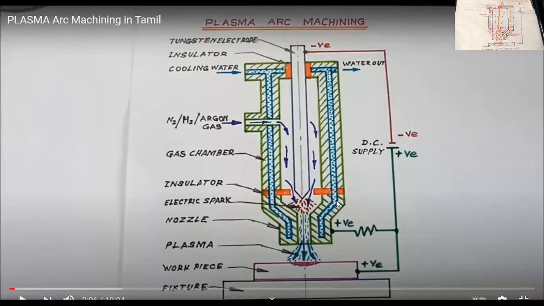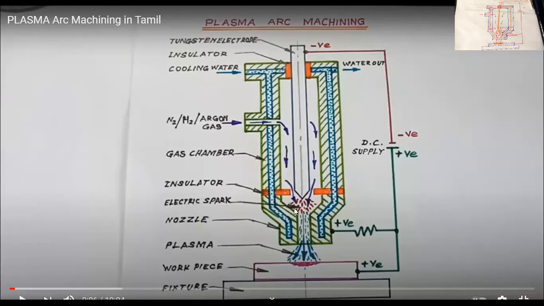So what will happen in general? These electrons will start moving in this direction, or the electrons will get attracted, and you know about cold emission, which I have already discussed before, and that will take place. So electrons will start moving in this direction, and these diatomic gases are also moving in this direction.